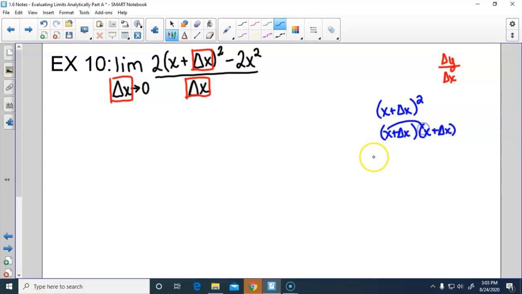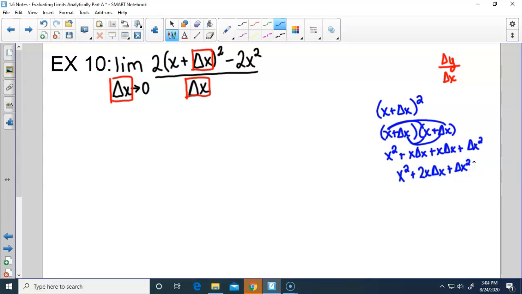And you've got to distribute, so you get x squared, plus x delta x, and then you'll have another x delta x. And then finally, delta x times delta x is going to be delta x squared. And so that would be x squared plus 2x delta x plus delta x squared.